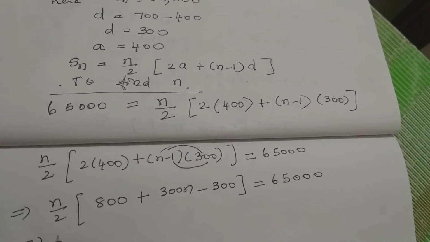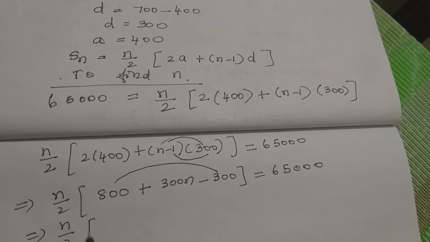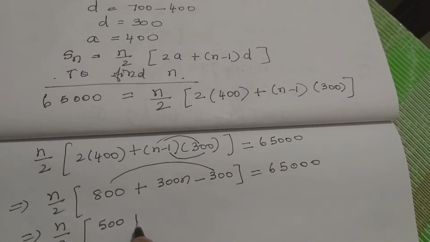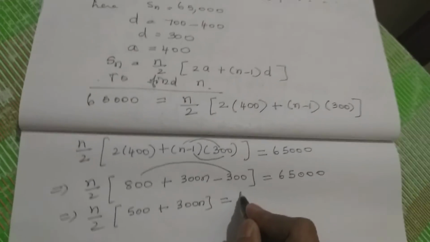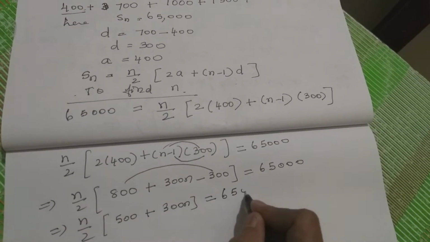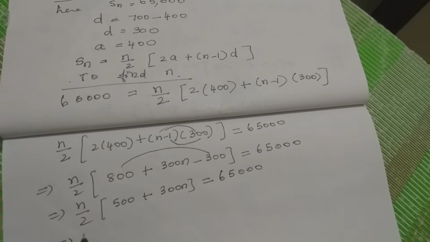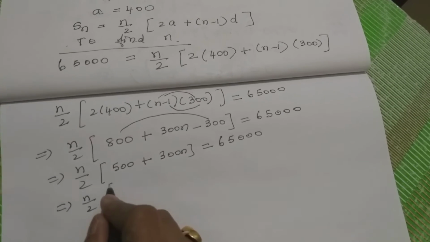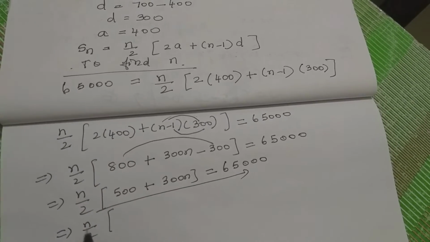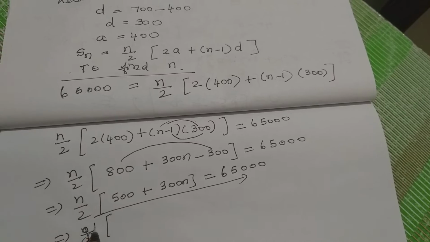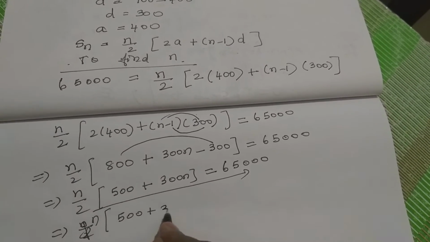Now 800 minus 300 is 500, plus 300n, equal to 65,000. Now n by 2, we'll take this to the other side, so we get only n into 500 plus 300n.